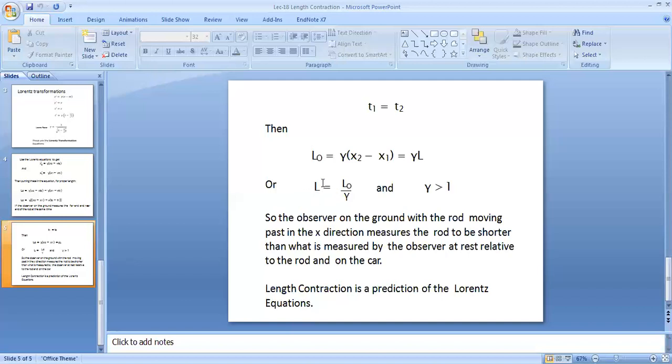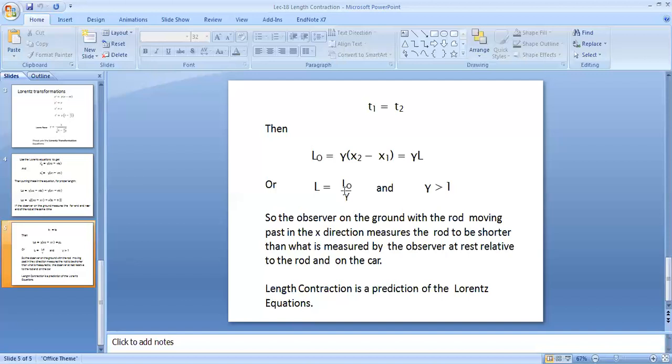So this L is measured by the observer in relative motion to the rod, and this L naught is measured by the observer located in the same frame of reference as the rod, who is moving with velocity v with respect to the observer at point O.